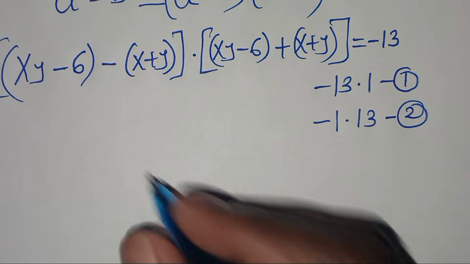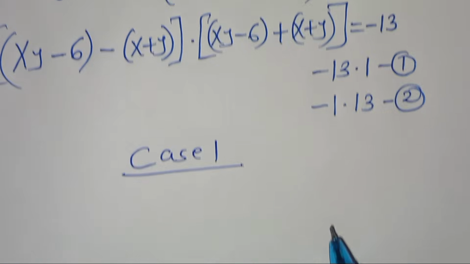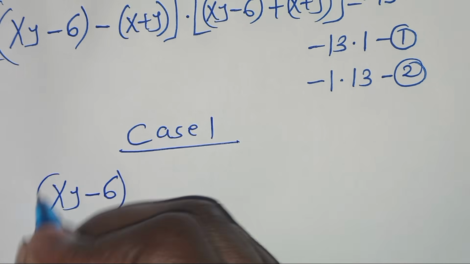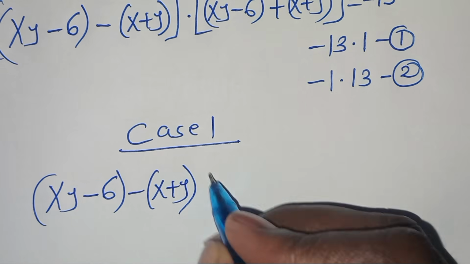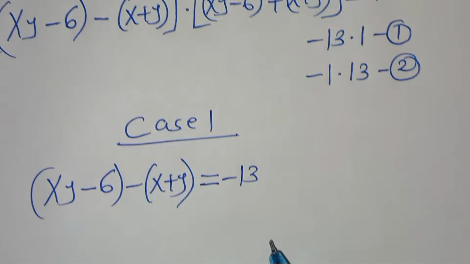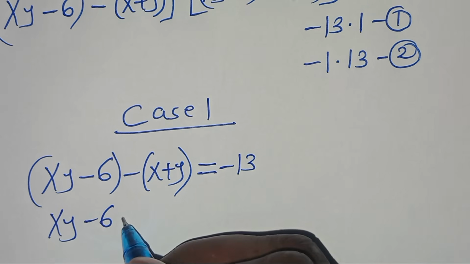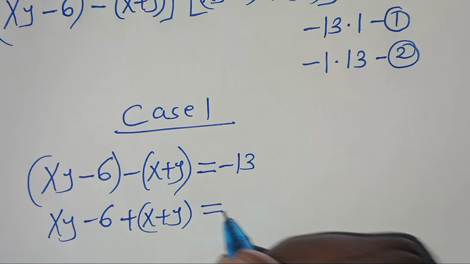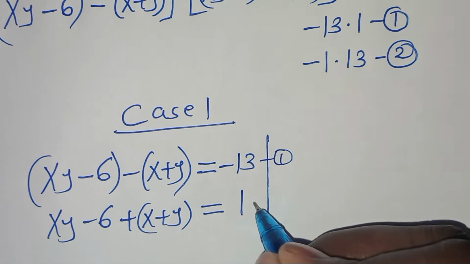Now, from the first case, that is case 1, we have xy - 6 - (x + y) equal to -13, then we have xy - 6 + (x + y) equal to 1. Now this is equation 1 and this is equation 2.